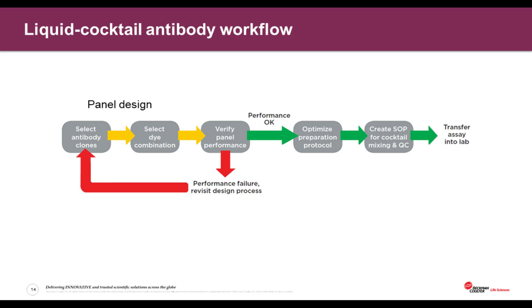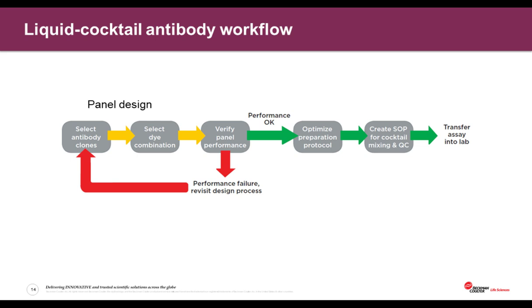And the more fluorescence or the more antigens we want to analyze, the more laborious this process becomes. But ultimately, once we verify the panel performance, we're going to say that it's okay. We're going to optimize the preparation protocol, which goes hand in hand with the sample preparation and everything that entails in that methodology.